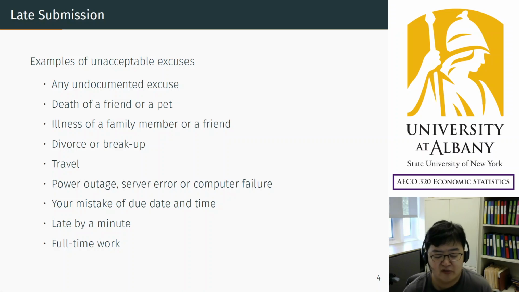If you work full-time, it must be tough. You must be tired, but you have to plan your schedule to do the homework sometime during your work or after your work.